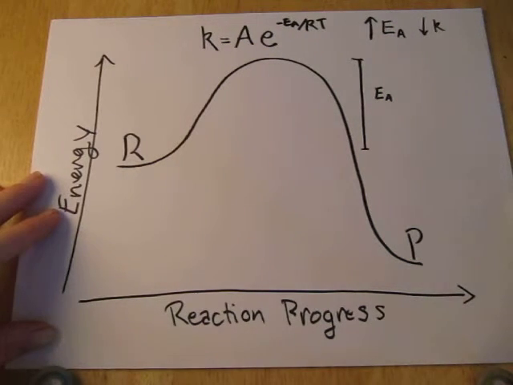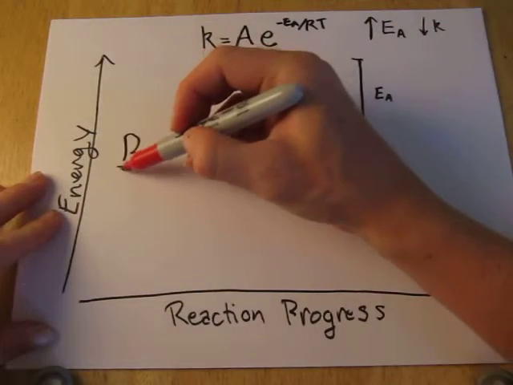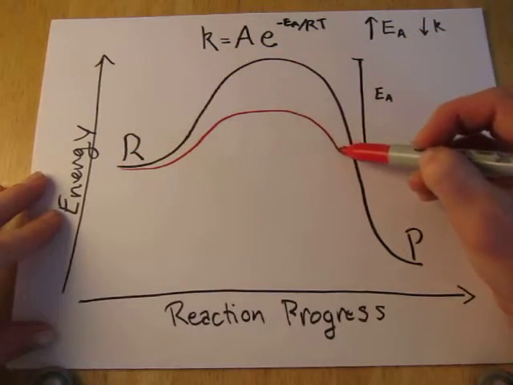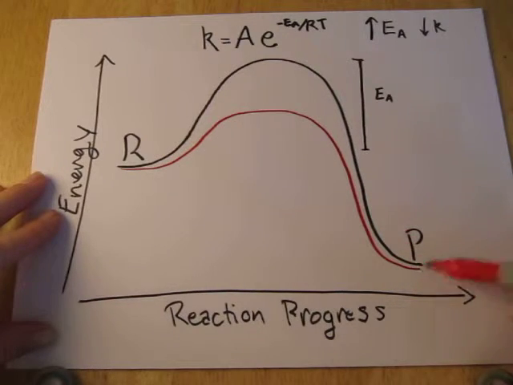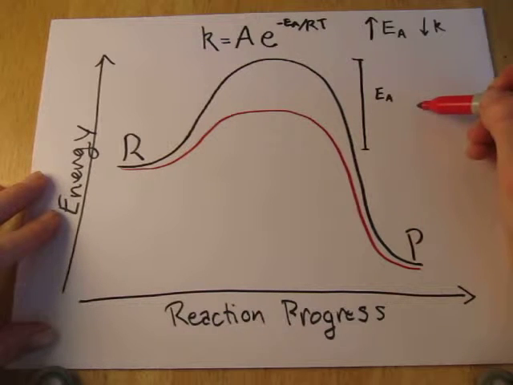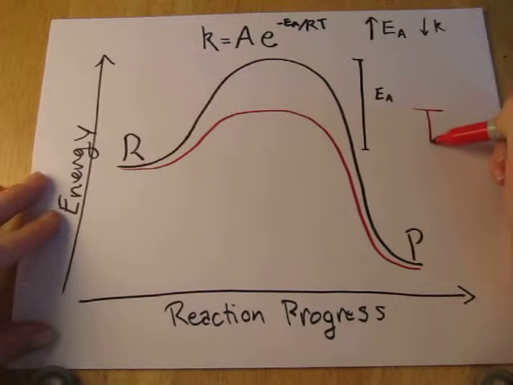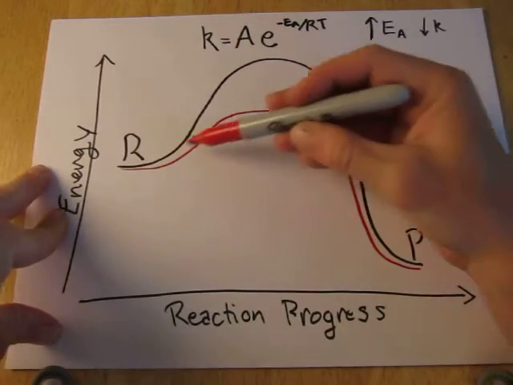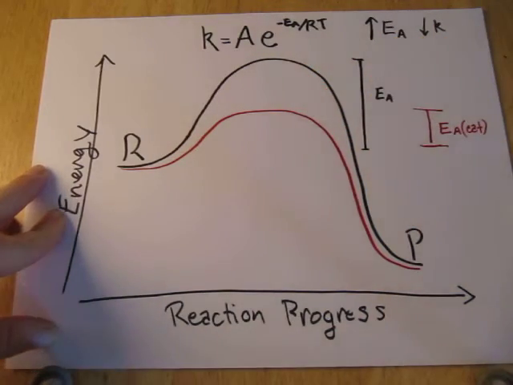And so if we catalyze a reaction, what we do is we lower that barrier. The reactants and the products still have the same energy, but the energy of activation for our catalyzed reaction is lower. And therefore, it takes less time to get up and over that hill.